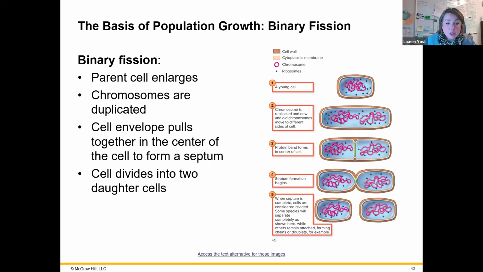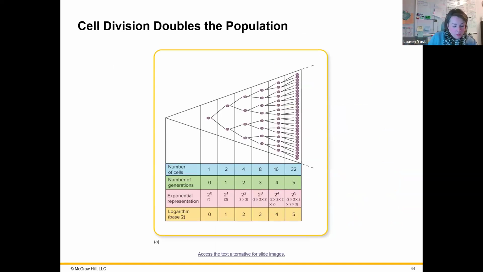So basically, with the division of cells through binary fission in bacteria, one cell becomes two, two becomes four, four becomes eight, eight becomes sixteen, sixteen becomes thirty-two, and so on and so forth, just like with PCR, right? Instead of DNA doubling, now it's cells doubling. And so how long it takes an organism to go from one to two cells determines how quickly your culture is going to grow.